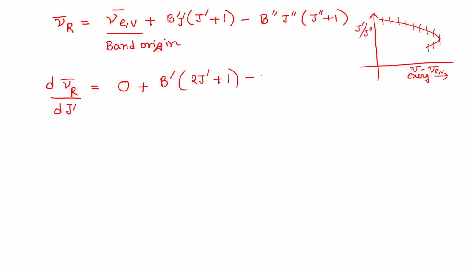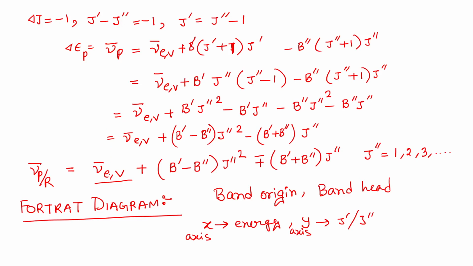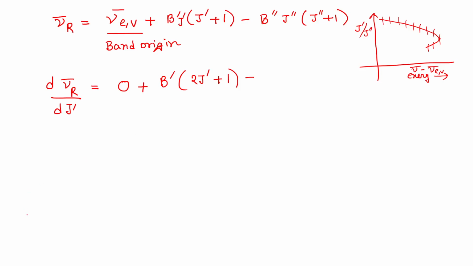Right? And here what you are going to get, J double dash or J dash, those are also going to be something like, what do you think? I think I'm writing it a little wrong. Maybe for R branch, what we have written here, for R, ν = ν0 + (B' minus B'')... Let us write it like that. Let us not generalize, because for others the band head doesn't exist.